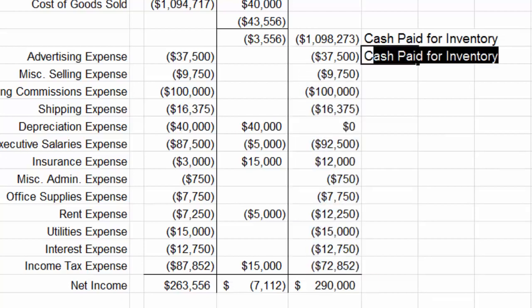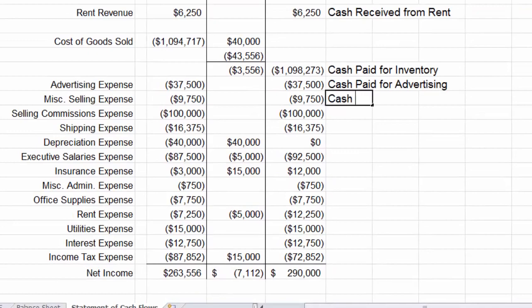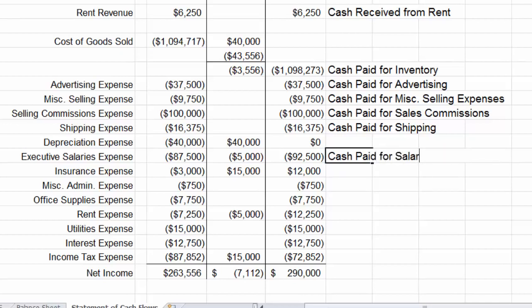All right, this is cash paid for advertising, cash paid for miscellaneous selling expenses, cash paid for sales commissions, cash paid for shipping. No depreciation, it went to 0, which is just what I wanted. That's what I should see. Won't worry about that. Cash paid for salaries.